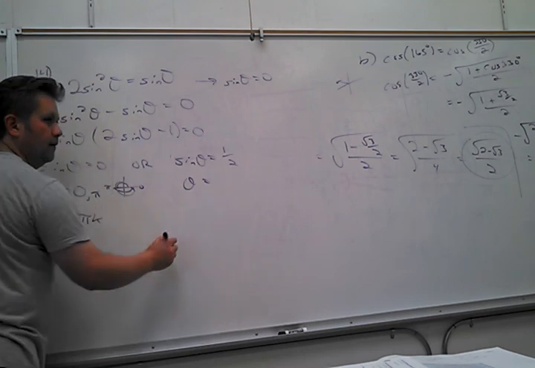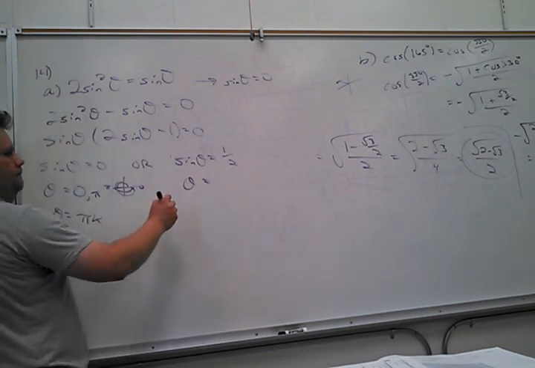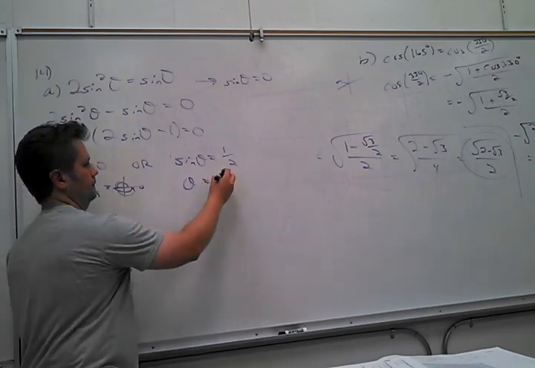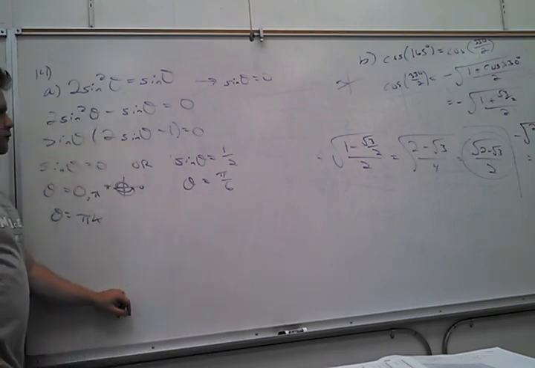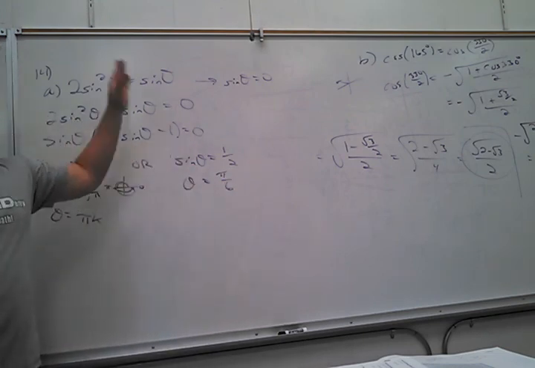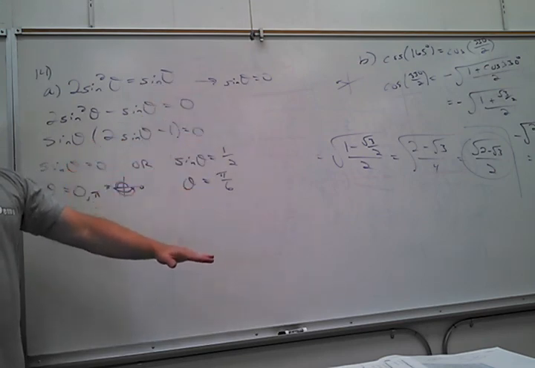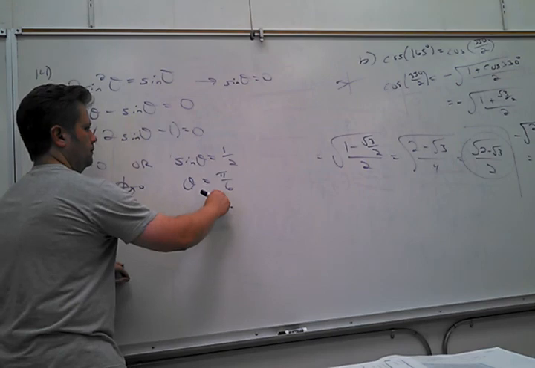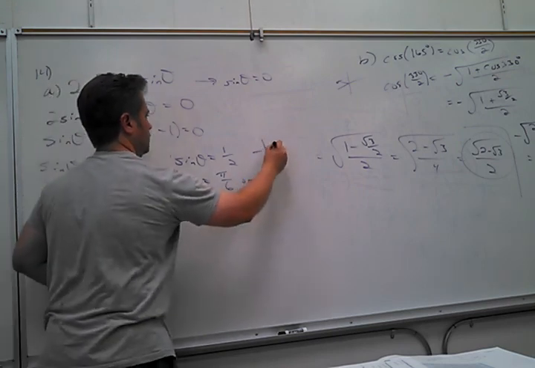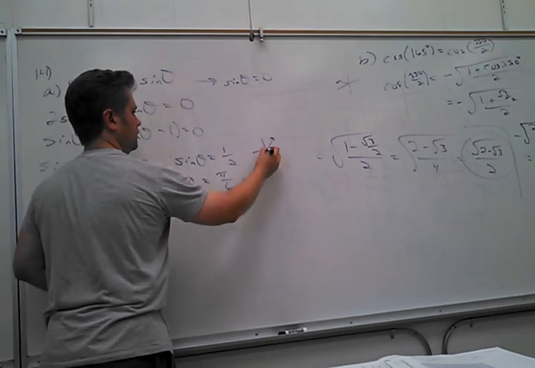What's the angle got to be for that? Pi over 3. 5 over 6. 6. Sine doesn't like pi, so the closer I get to pi, the smaller it gets until it just disappears in a fright. It starts coming back. 5 pi over 6.